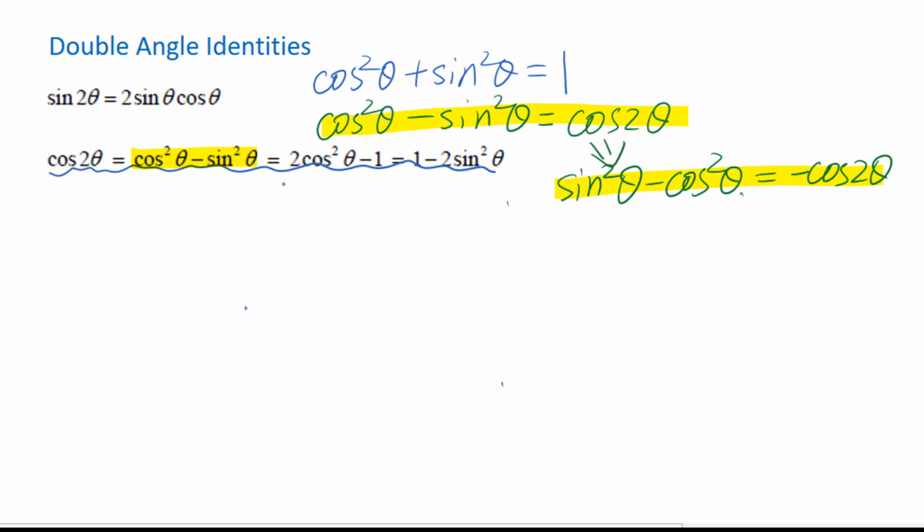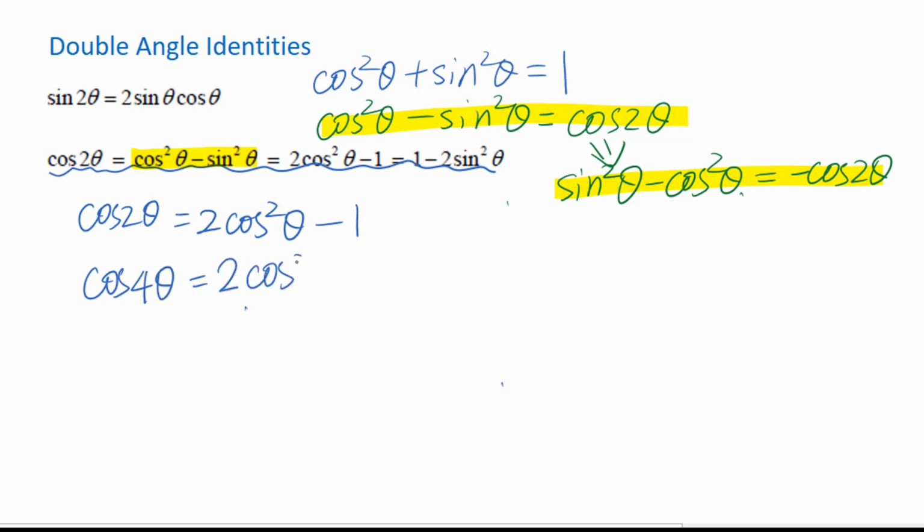And for this one, cosine 2 theta equals 2 cosine square theta minus 1. Therefore, you can get cosine 4 theta equals 2 cosine square 2 theta minus 1. Then for cosine 6 theta, you will get 2 cosine square 3 theta minus 1.